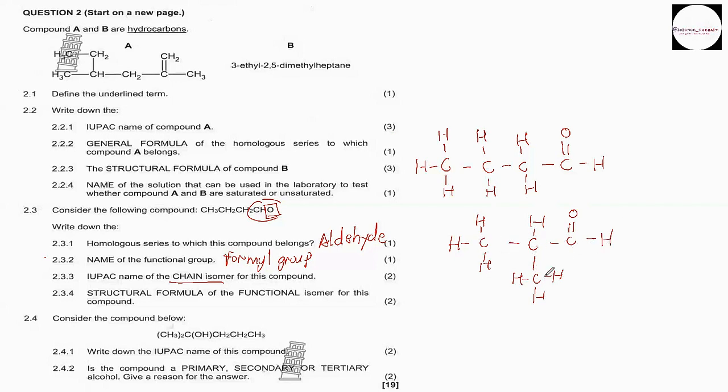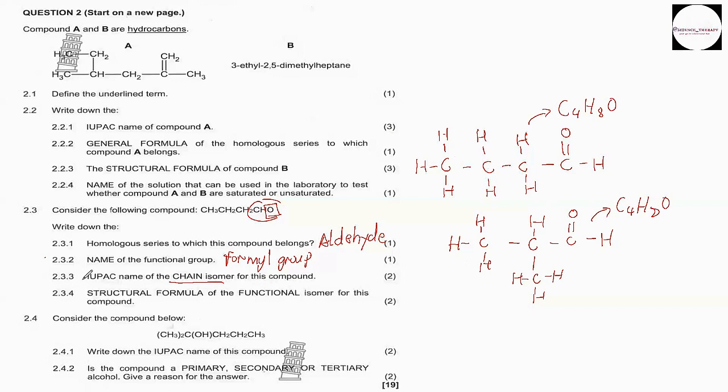So we still have 4 carbon atoms. That means also the number of hydrogen atoms are the same: 1, 2, 3, 4, 5, 6, 7, 8, and then also here 1, 2, 3, 4, 5, 6, 7, 8. So we still have the same molecular formula, that's C4H8O, and then also this one, it's C4H8O. But then what we have created now is a chain isomer. So this is straight chain, but this is a branched chain.